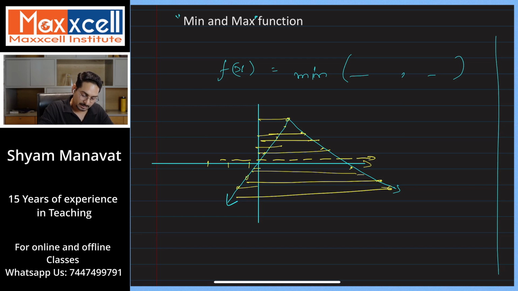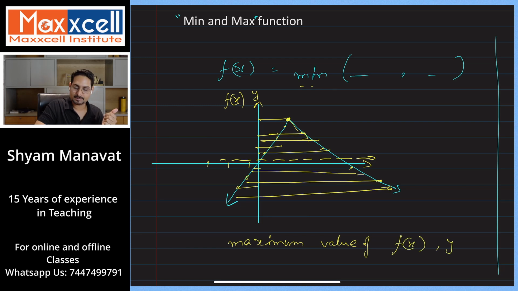So what is happening here? It means the value of the function, or the value of y, reaches a top level and then again starts decreasing. It means for a minimum function, you can find the maximum value of the function or the dependent variable y, because the minimum function is going downwards.